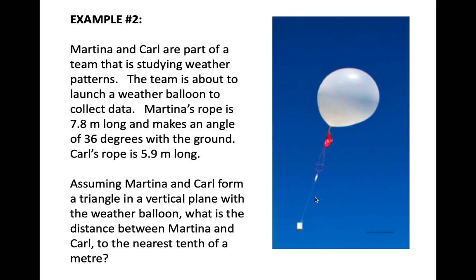Now, what we discussed in class was, what they don't tell us here is whether or not Martina and Carl are on the same side of the balloon or on opposite sides. They leave it ambiguous. And as soon as they do that, that should alert you to thinking, okay, maybe there are two possible answers here.